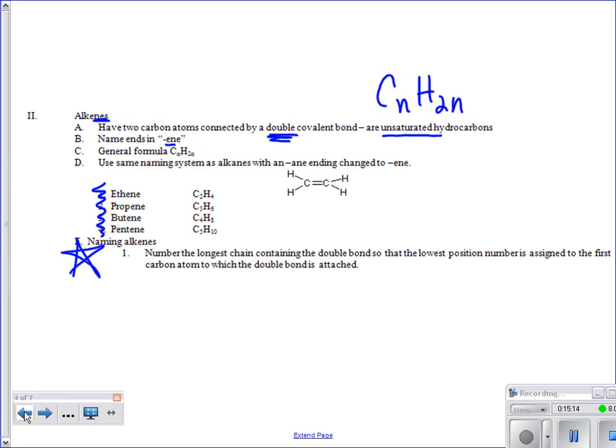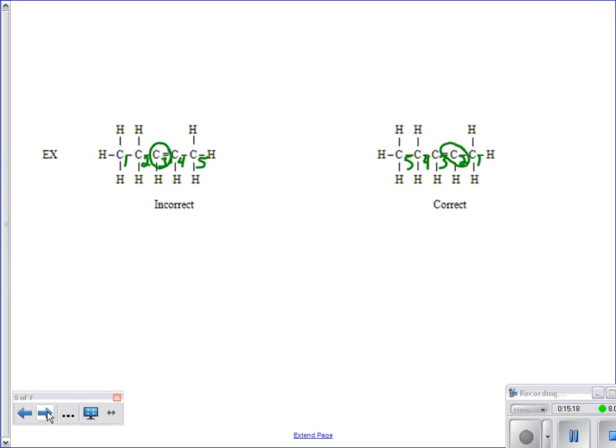That is the lowest position, the lowest number. That's always what I want, to find that double bond on that lowest numbered carbon. So this is the correct way to do it. This is incorrect. When I name this, I'm going to look at this and say, oh, I've got 5 carbons. That's pent. Oh, there's a double bond in there. That's going to be an ene, pentene.